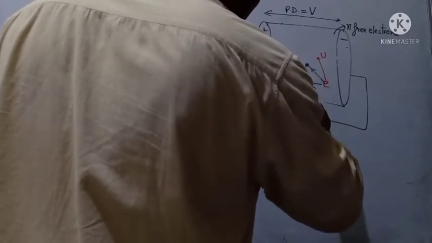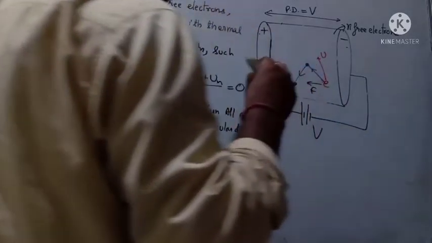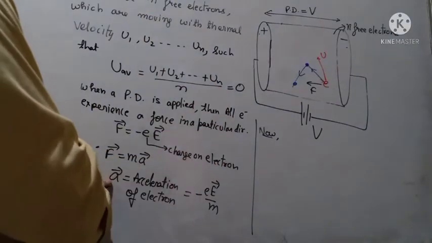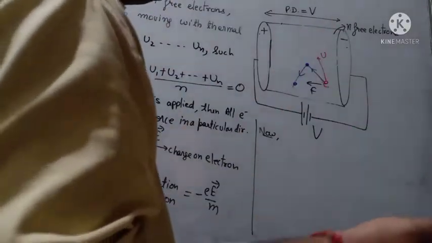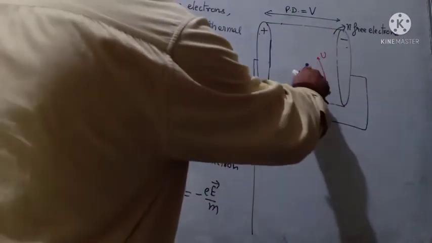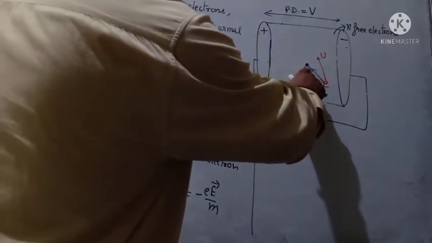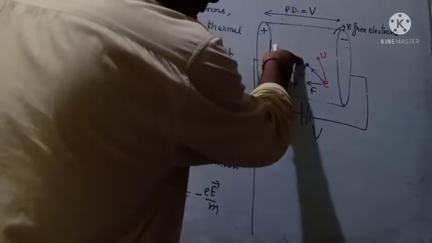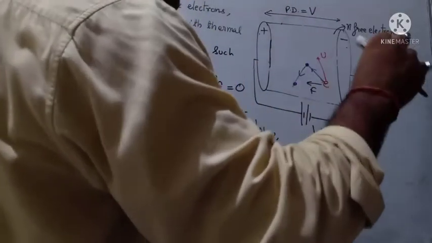From here to here, it moves under this force, which means accelerated motion. It will gain velocity, but on collision, it will lose it. It will give its gained kinetic energy to that ion or atom जिससे टकराया है.